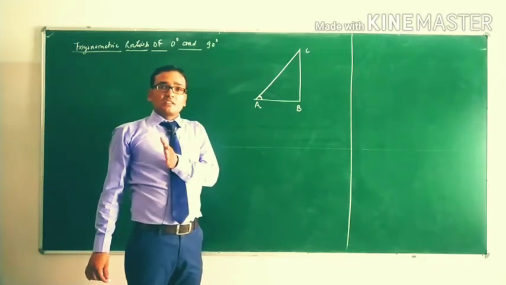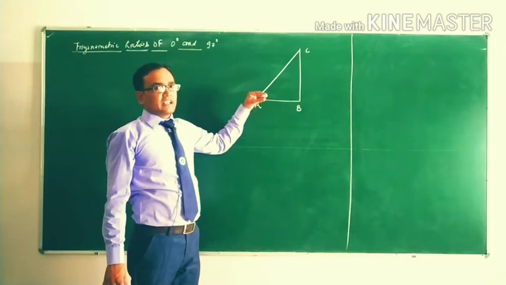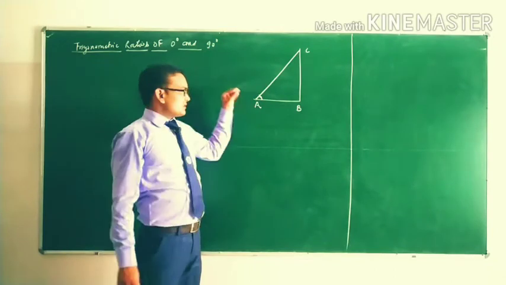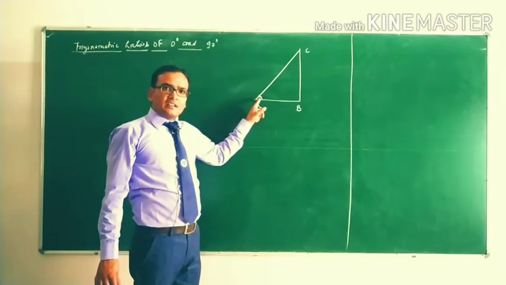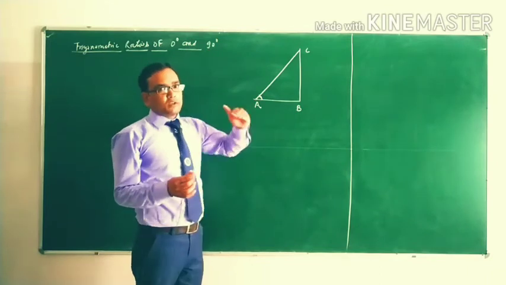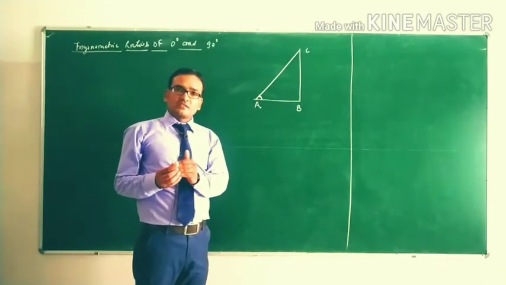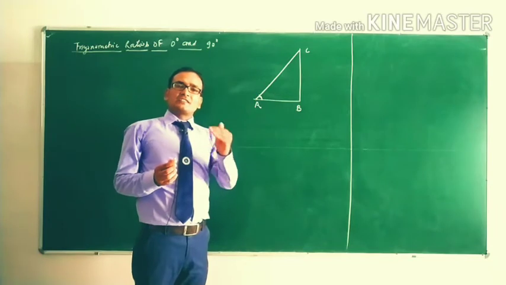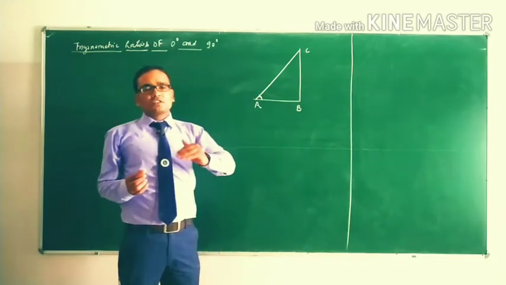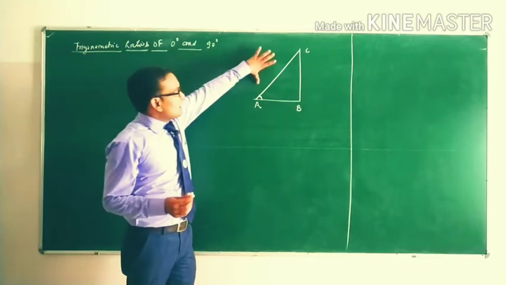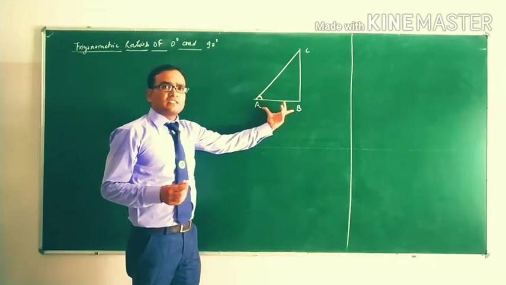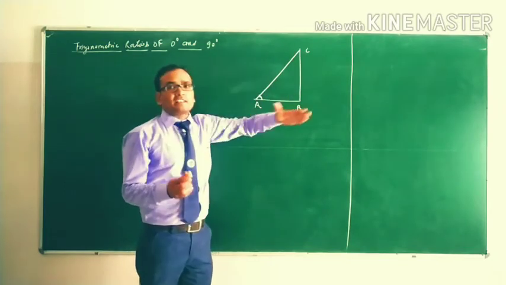That means angle A tends to 0. If angle A varies to 0, that means angle A gets smaller and smaller, it becomes 0. Then the hypotenuse is the same as the base and the perpendicular side is 0.